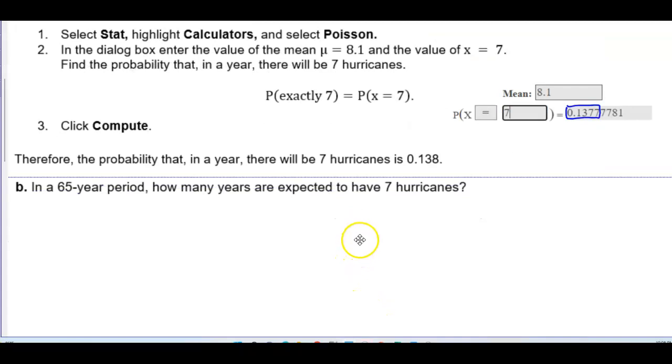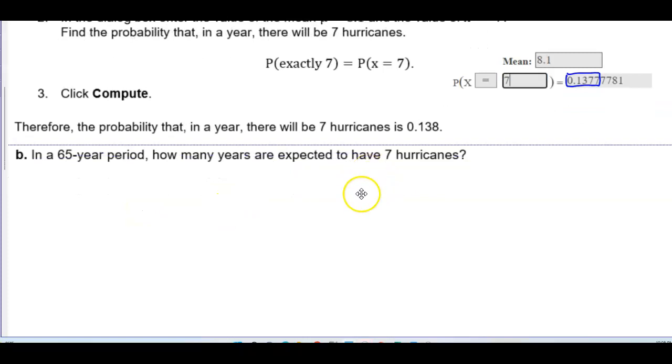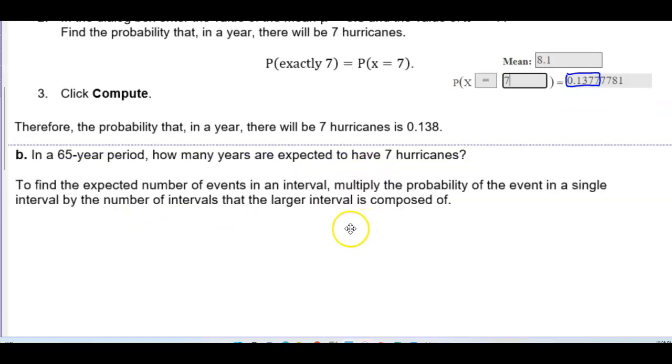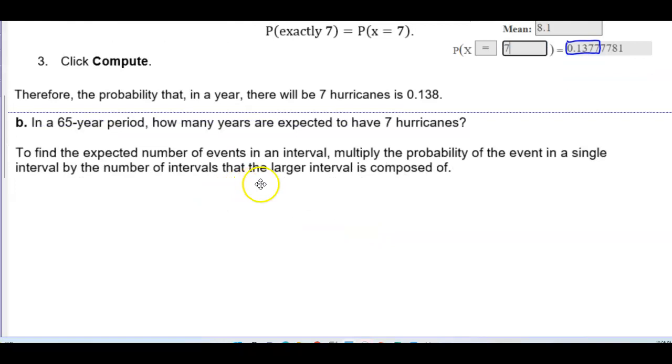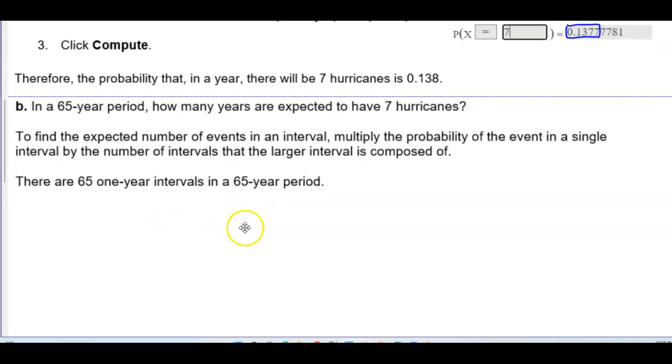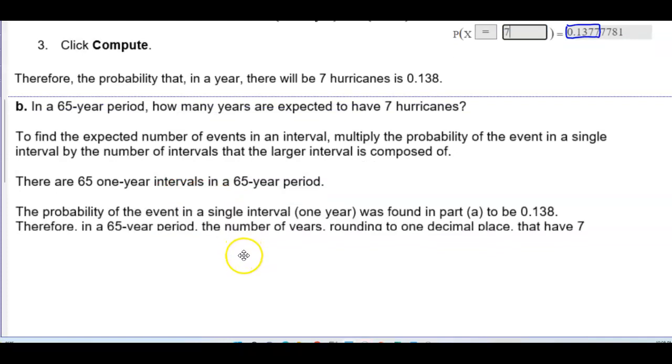Now in part B it says, in a 65-year period, how many years are expected to have 7 hurricanes? Now, to find the expected number of events in an interval, we multiply the probability of the event in a single interval by the number of intervals that the larger interval is composed of. So, there are 65 one-year intervals in a 65-year period. The probability of the event in a single interval of 1 year was found in part A to be 0.138.